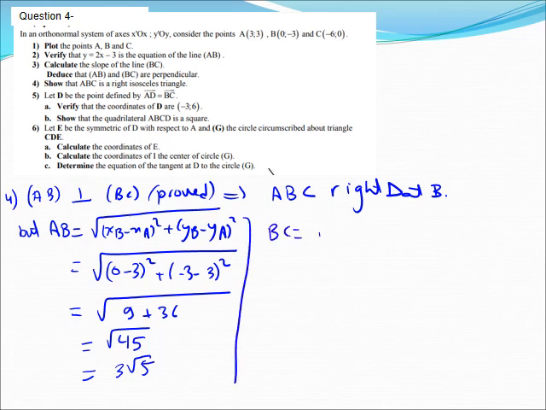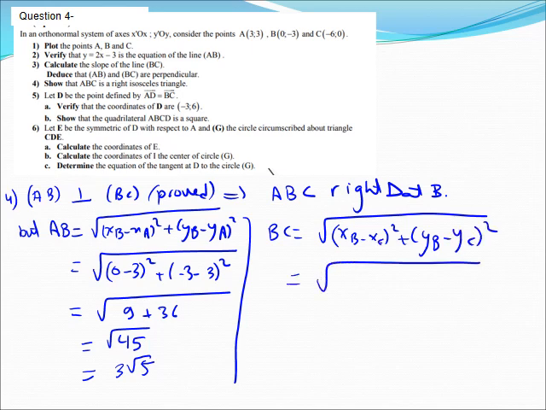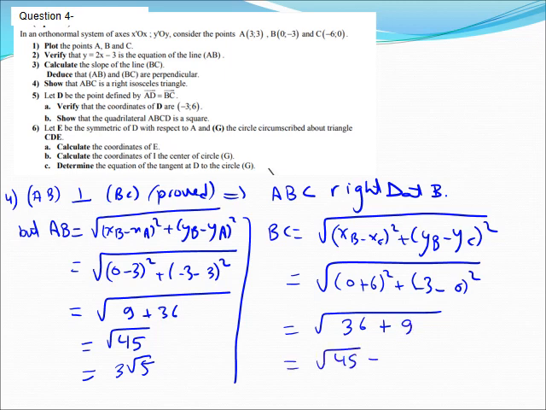BC equal the square root of (xB minus xC) squared plus (yB minus yC) squared, equal (0 minus minus 6), 6 squared, 36, plus (minus 3 minus 0) squared, 9, equal radical 45, which is 3 radical 5.